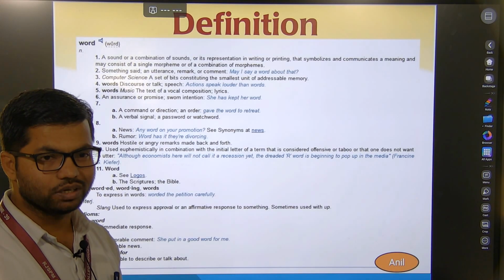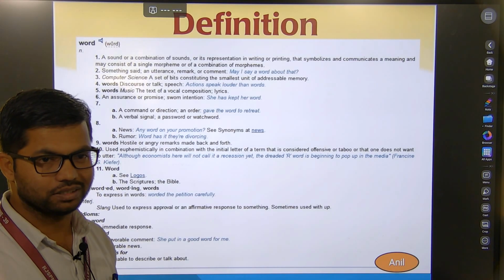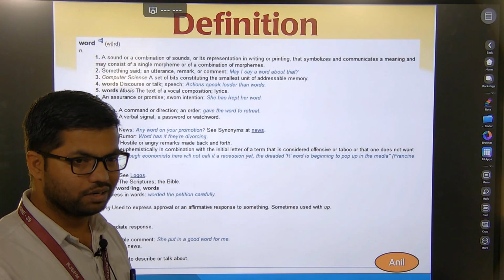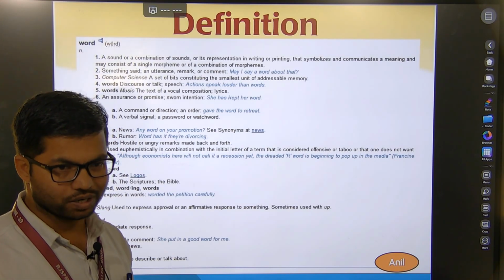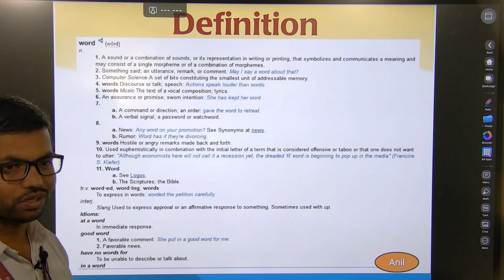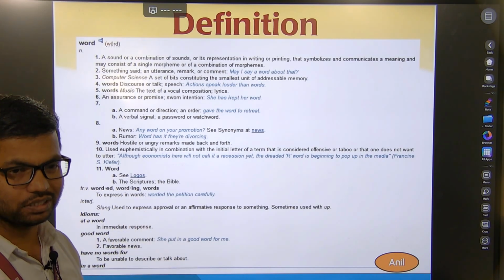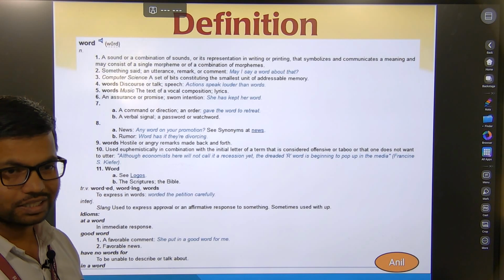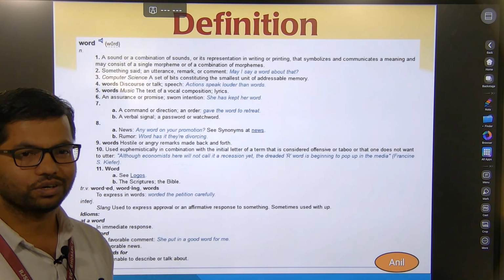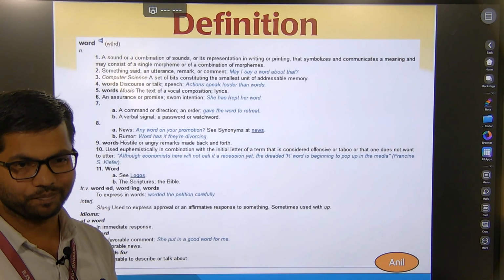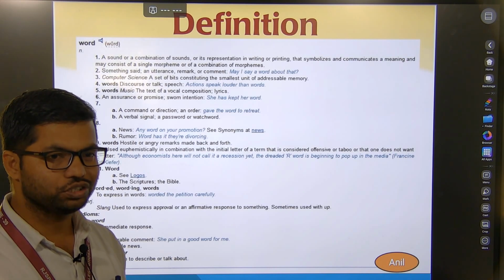The definition of a word is given by the dictionary. See, while talking about the topic how to develop vocabulary, it is very important. I want to show what actually the dictionary gives you. These are the things a dictionary provides you: words, and nowadays with electronic devices you could get the pronunciations also.